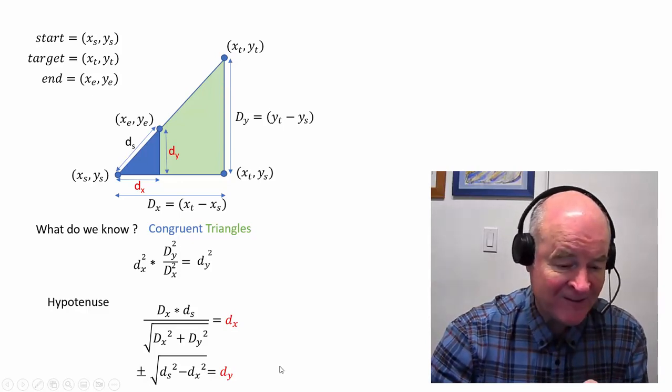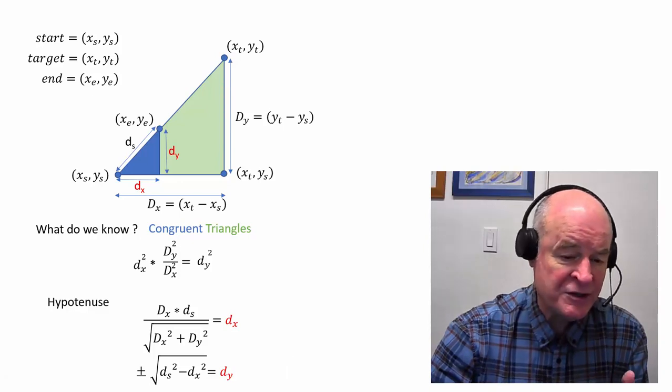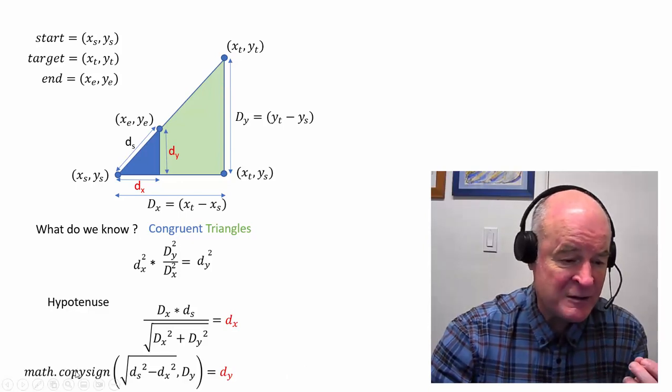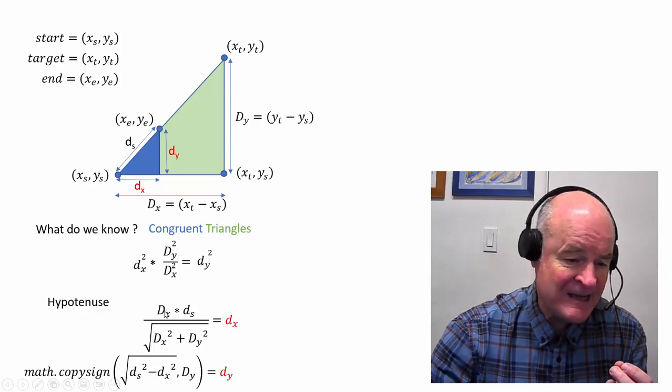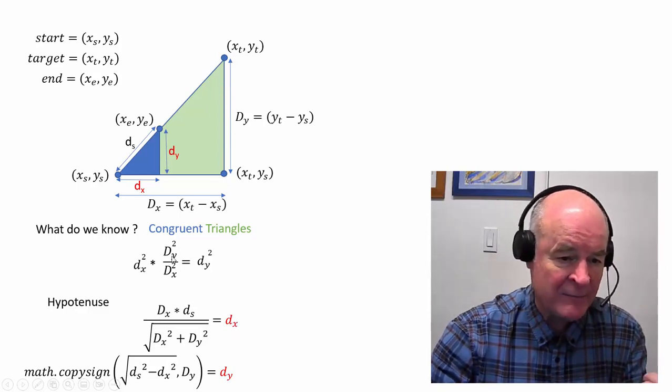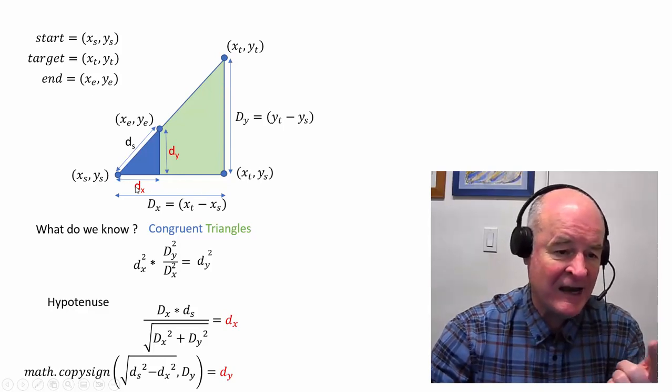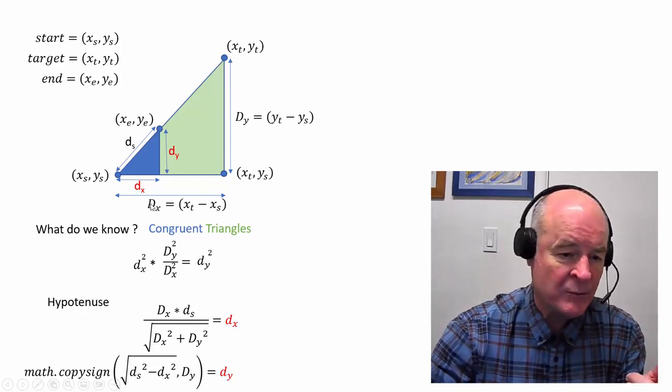What we're going to do is use a function in Python that allows me to copy the sign from big dy and apply it to the square root of ds squared minus dx squared. Here, the sign of big dx sets the sign of dx over here. So that works great, whether dx is to the right or to the left depends on big dx.